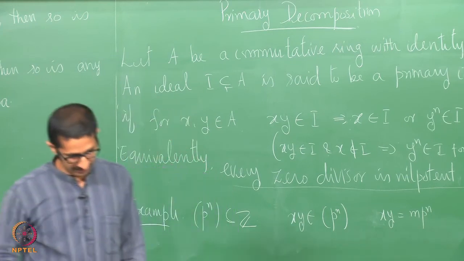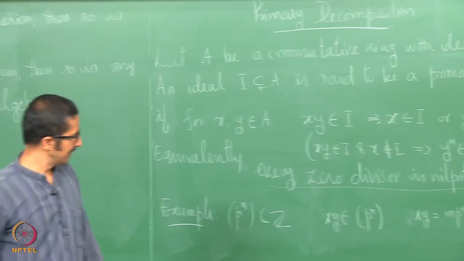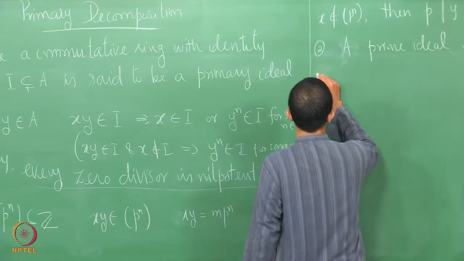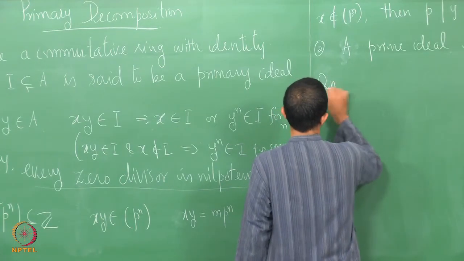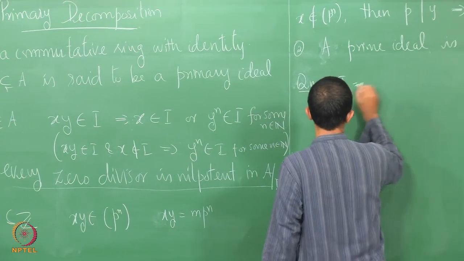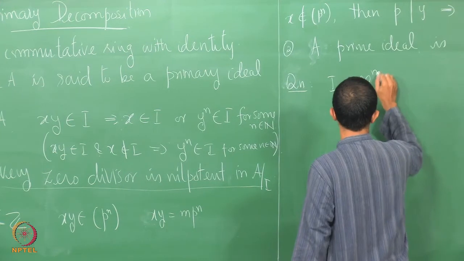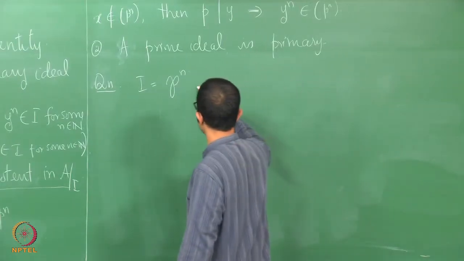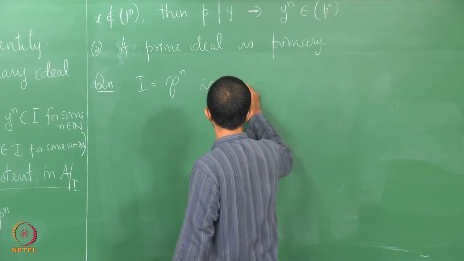What about power of prime ideal? The question is, if I take p power n, in general, is this primary?